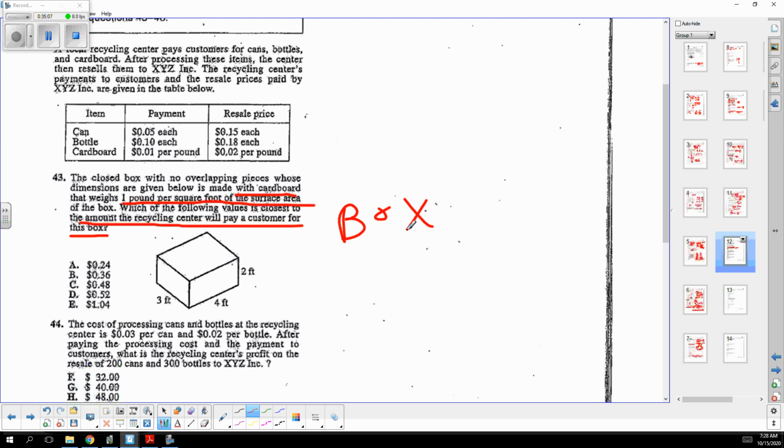The box program gets the surface area for you. And let me figure that out real quick. It should be 52. So it's going to cost, look up here, 1 cent per pound. So it's going to end up costing 52 times that 1 cent, 52 is D.